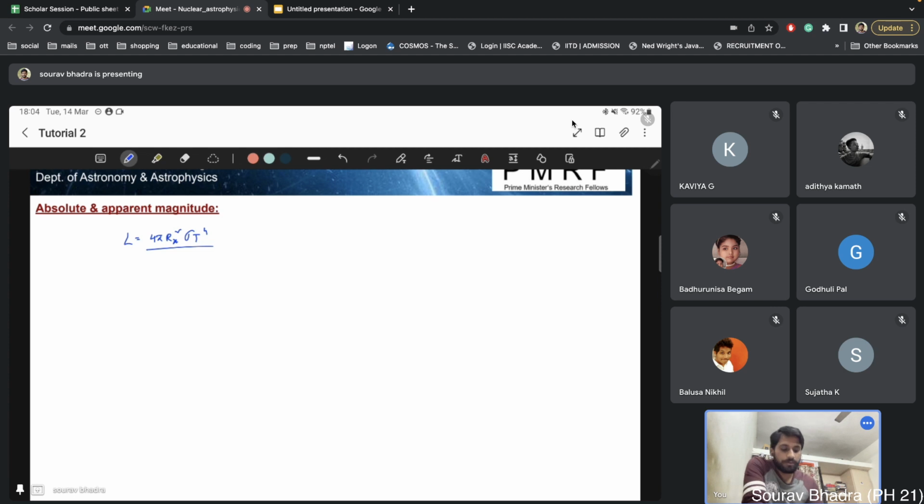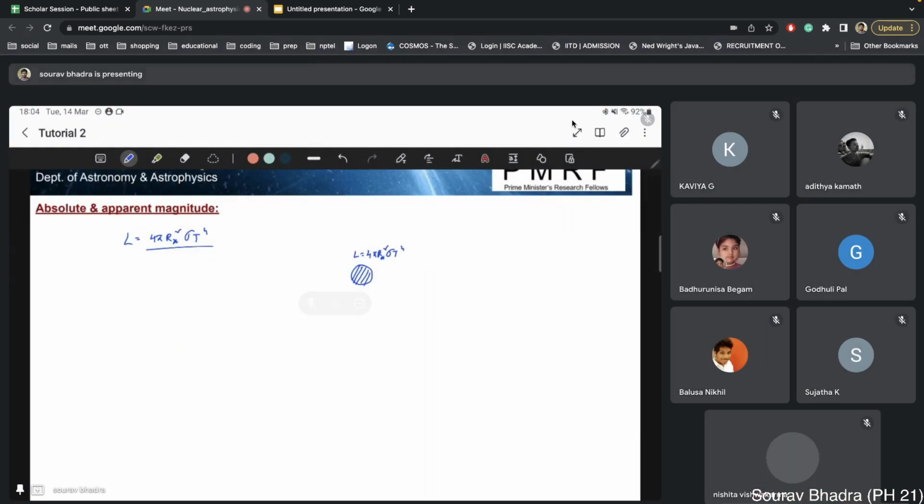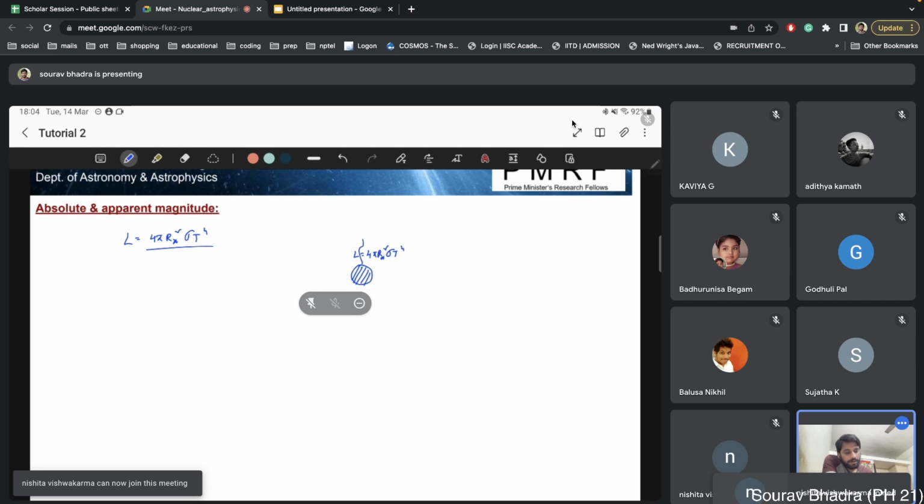Now suppose this is a star. This star has a luminosity 4 pi r square sigma T to the power 4. The light, or the photons, will travel in every direction from the star, right?